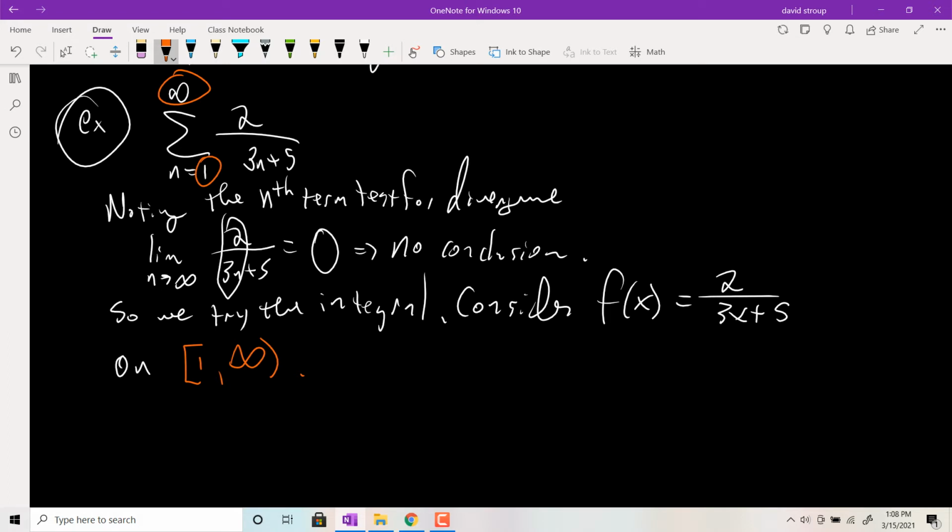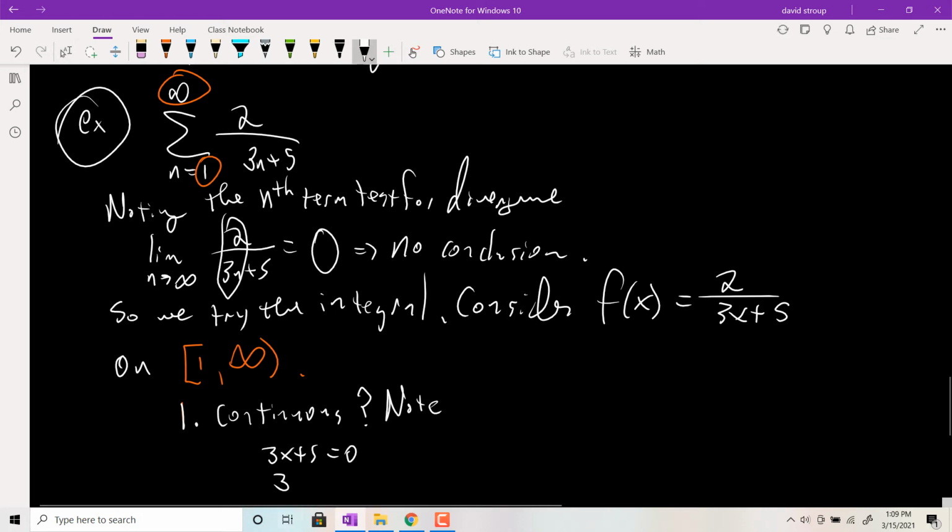Okay, so first we have to show that it's continuous. If you remember your work in Calc 1, rational functions are continuous everywhere except where their denominators are equal to 0. Note our denominator, 3x plus 5, does not equal 0 in this interval.